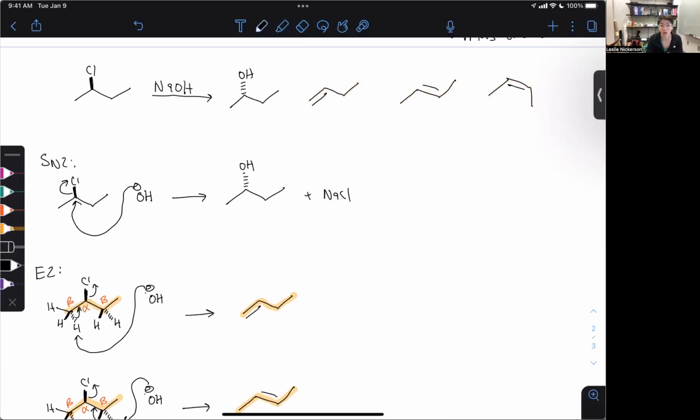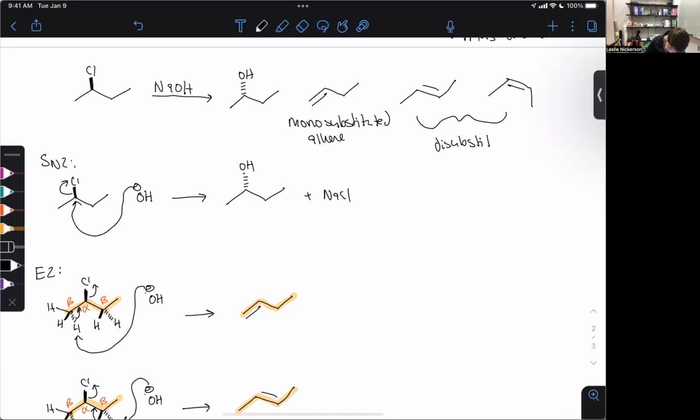So when we're talking about substitution of alkenes, we're thinking about how many carbon bonds I have attached to the alkene. So this would be a mono-substituted, and these are both di-substituted alkenes. Okay, and I'm just going to mark down that's the substitution, that's the substitution, that's the substitution.